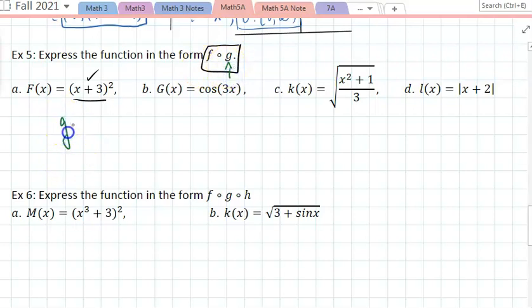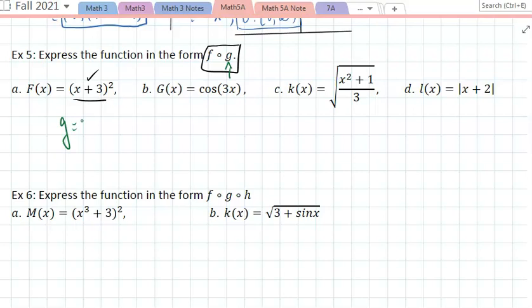If I let g equal, it'll be wise to let g equal the inside of the power function, the argument, which is the angle of a trig function, the power of a function, the argument of a log.